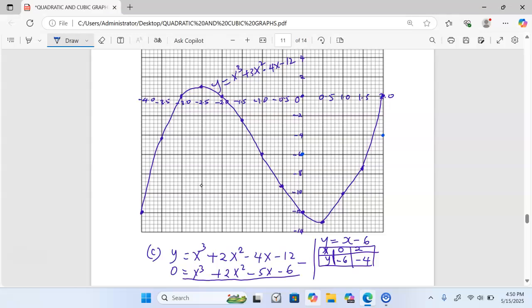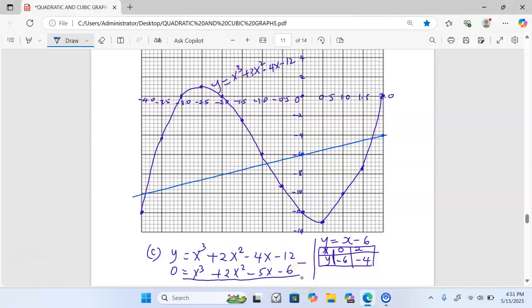Joining the 2 points, we are going to have a line here. That is our straight line.